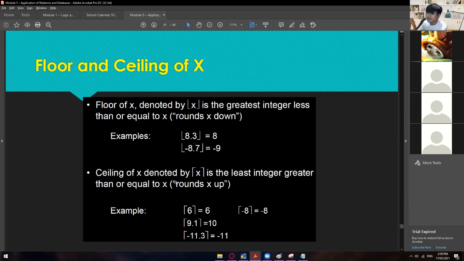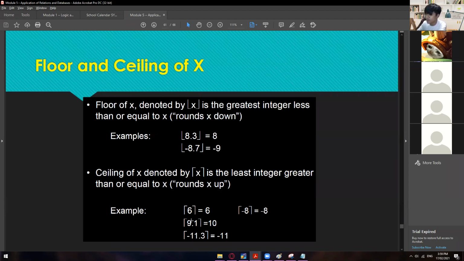And for the ceiling, of course, we're going to round up a certain number. This one, 6, will retain as it is because it doesn't have a decimal. But if there is at least a very small decimal in that number, for example 9.1 or 9.001, if it's inside a ceiling function, then it will round up to the next whole number, which is of course 10.